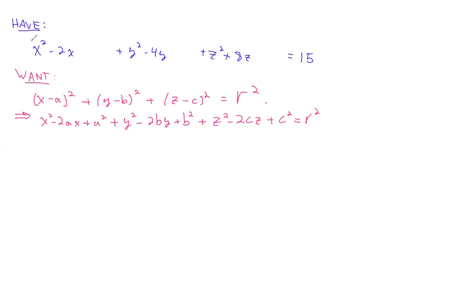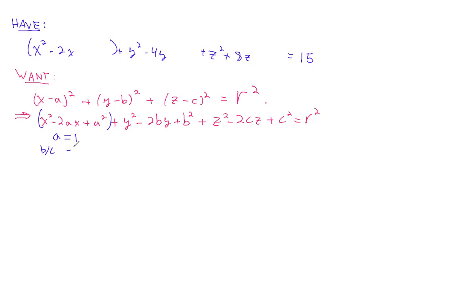Now let's compare these things. We know, for example, that we've got the x squared minus 2x, that's one item, x squared minus 2ax. Well, what's a in that case? You compare these two objects, we find that a has to be equal to 1, and why is that?